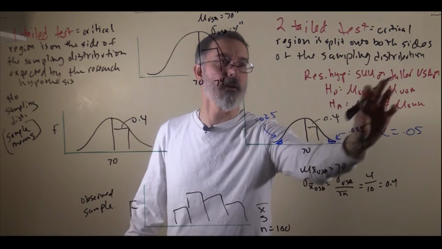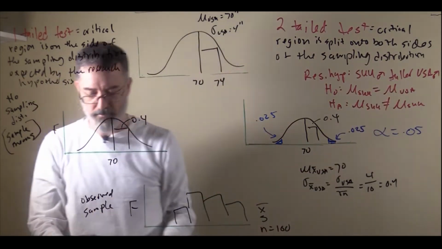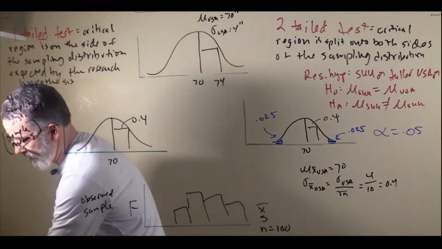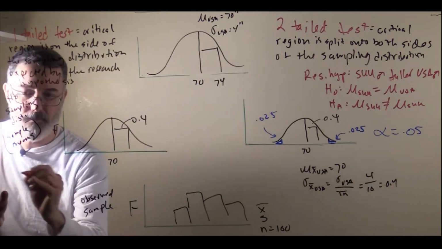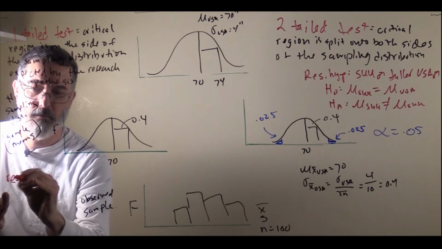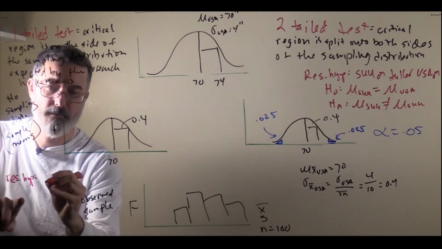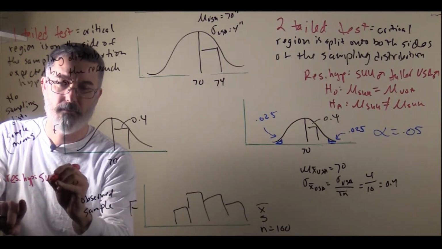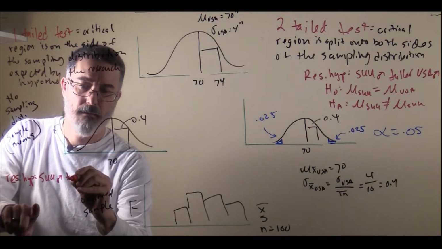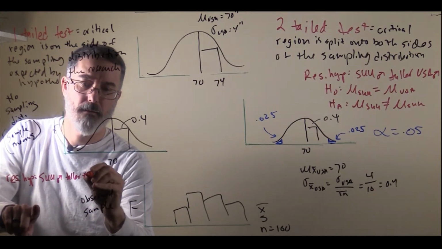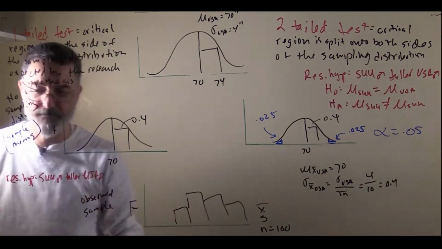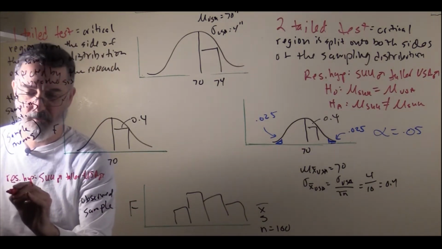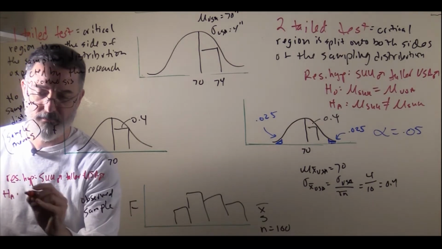In fact, these hypotheses end up being drawn up a little bit differently for a one-tailed test. So the research hypothesis is the same, so I'll put these down here. So we got the research hypothesis is that SUU men are taller than, let's say, American men. So for a one-tailed test, I'm actually going to write the alternative hypothesis first.